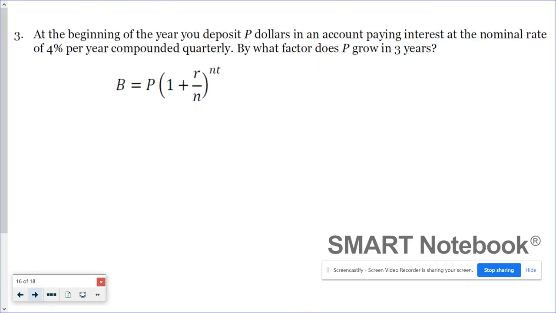In this problem, it says at the beginning of the year, you deposit P dollars in an account paying a nominal rate of 4% per year, compounded quarterly. By what factor does P grow in 3 years? They didn't give me an actual dollar amount, but this formula for balance involves that initial investment of P dollars.